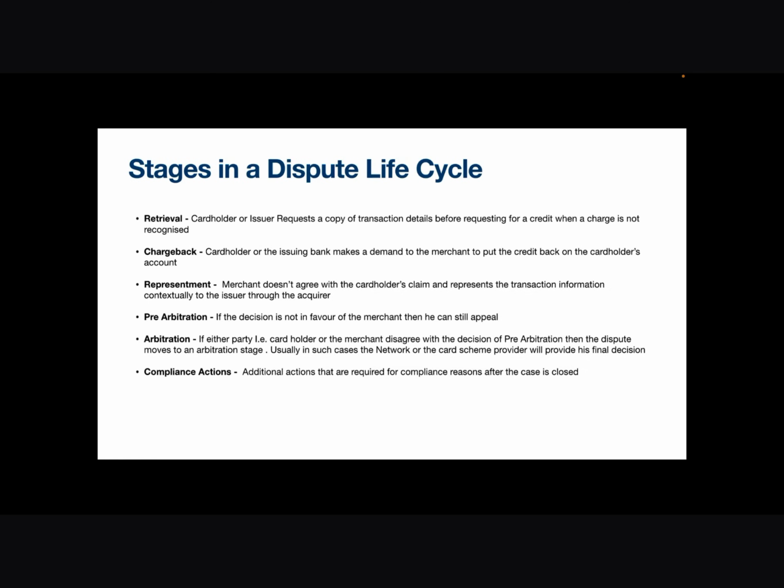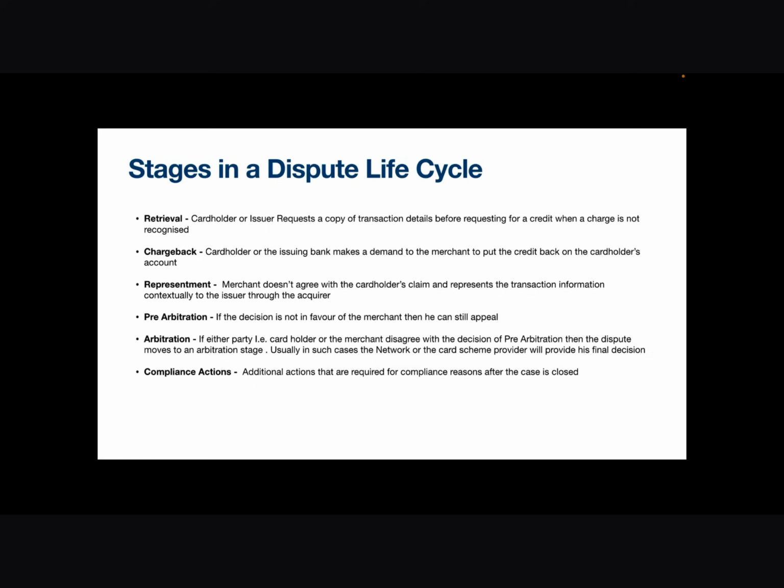So if in the representment stage, when the merchant makes a claim again, it doesn't go through, and the card issuing bank says no, we don't agree with your claim, then the merchant has an option to go for pre-arbitration where he can make an appeal once again, right? So he makes an appeal once again, and then all of the parties come into the picture.